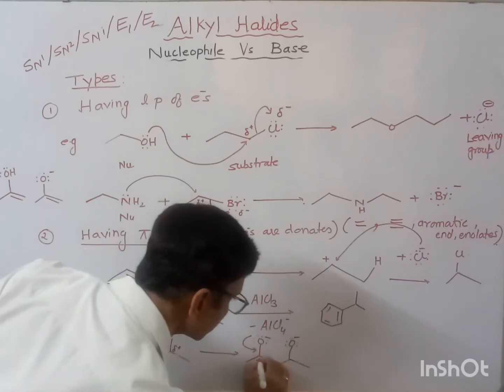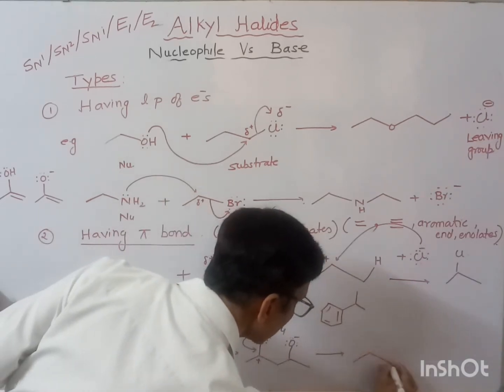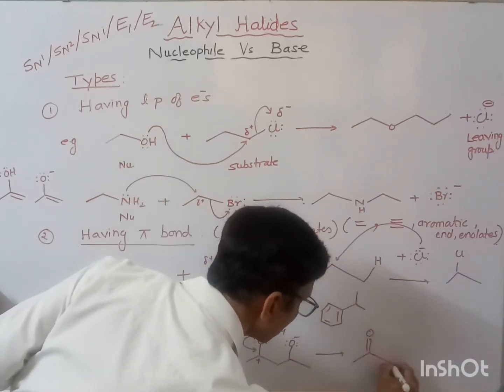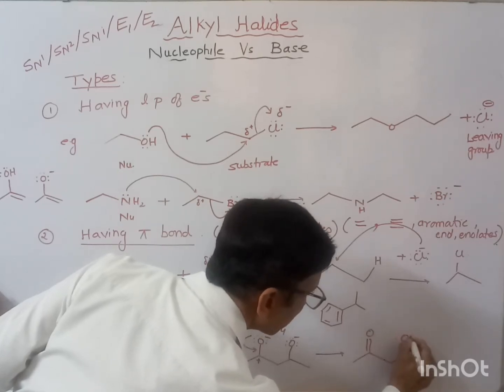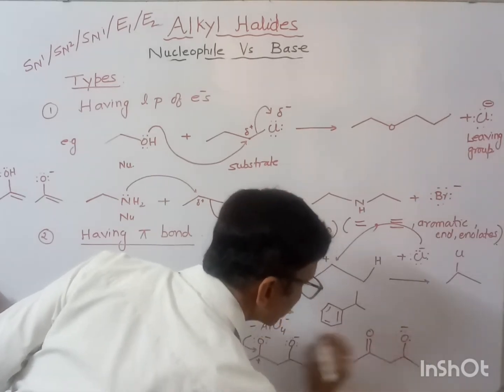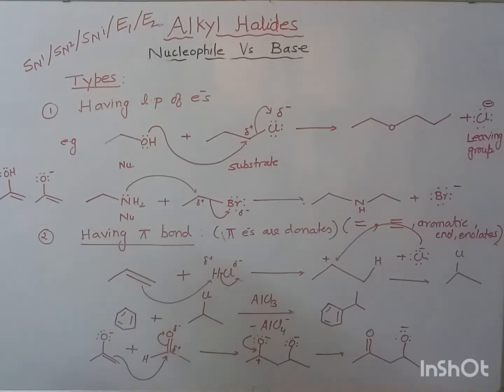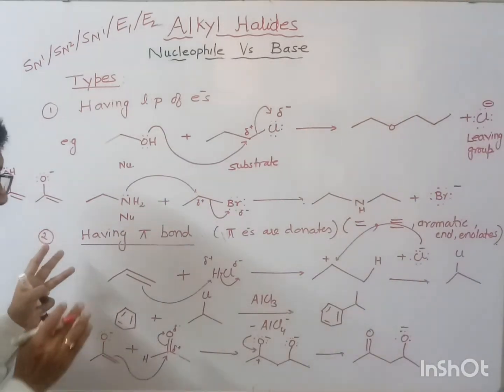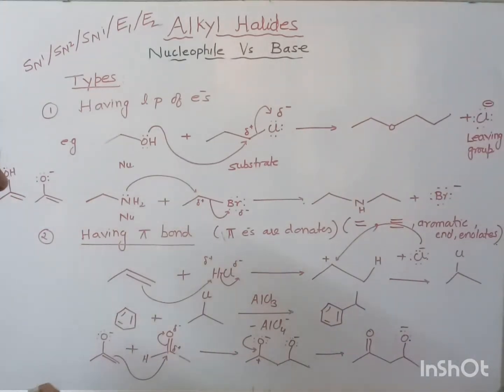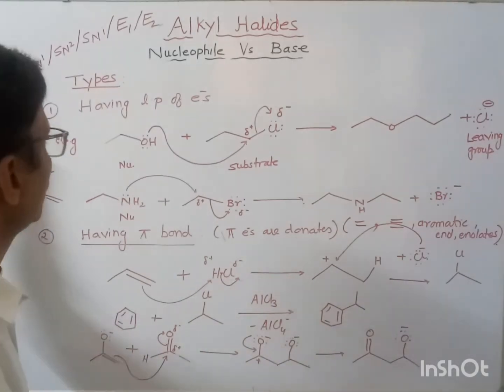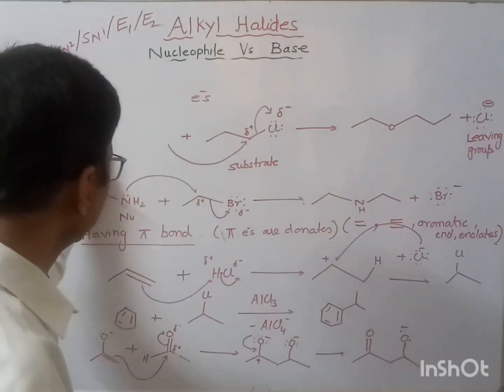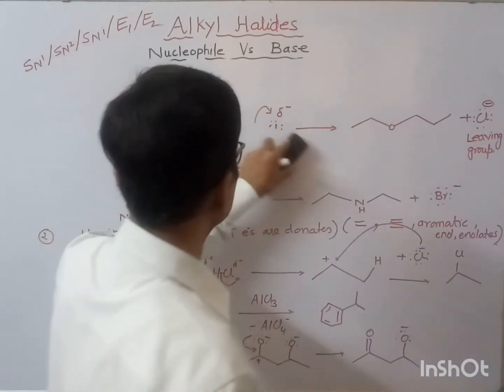So in the next step, this positive charge will be neutralized, and we will get such a product. Okay, so this is the example where this pi bond, or pi electrons, act as a nucleophile.